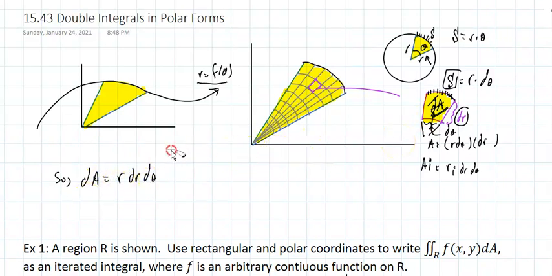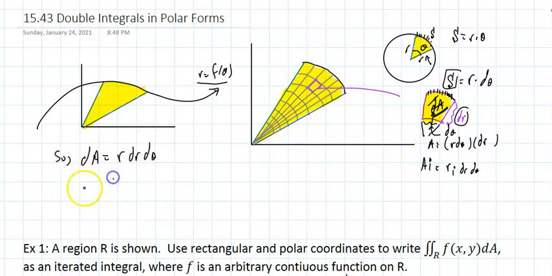And if I take the double integral over region R of f of x, y, dA, which is what I did in the previous section, well, let's see how this works. I need to know what this angle is.